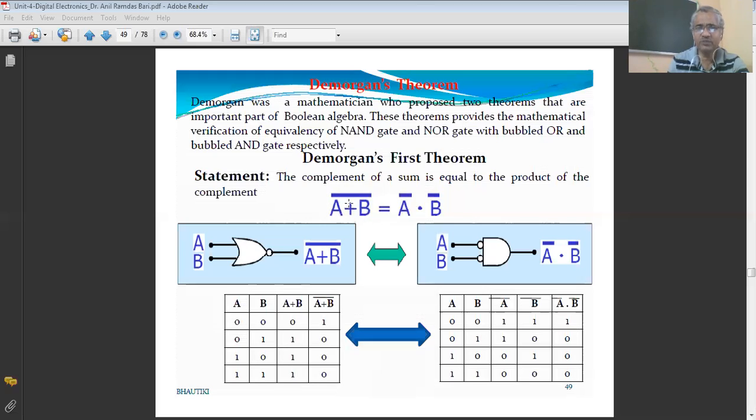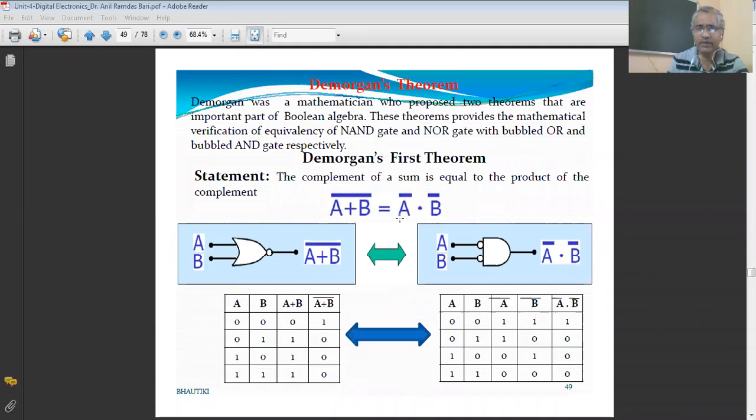So this A plus B represents an OR operation, and its complement represents a NOR operation. And this is equal to A complement dot B complement.